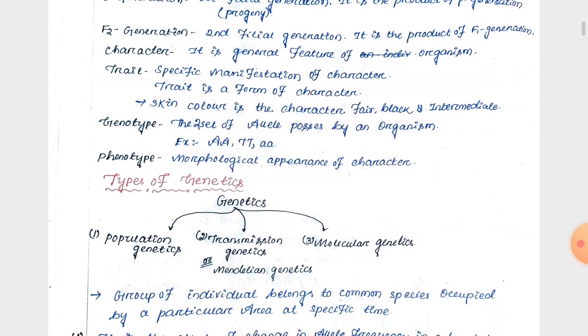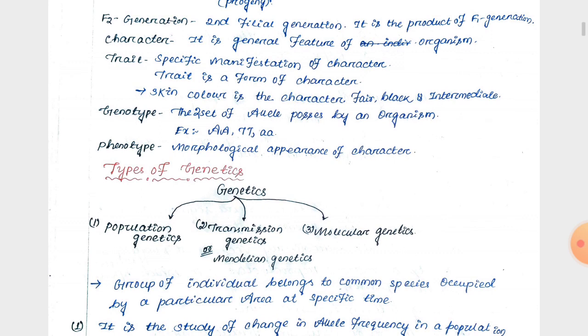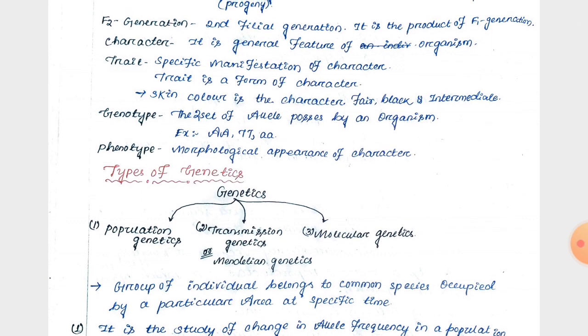One of the important next terms is trait and character. A character is a general feature of an organism, right? Whatever you do, such as work or behaviors, are known as characters. The specific manifestations of that character are called traits. I'm taking an example: skin color is a character, right?